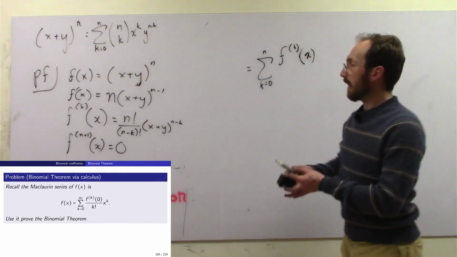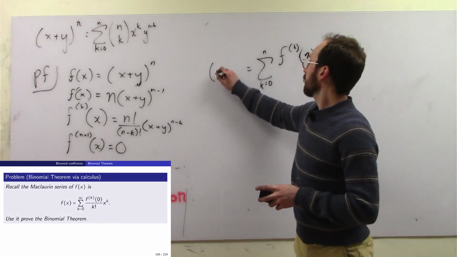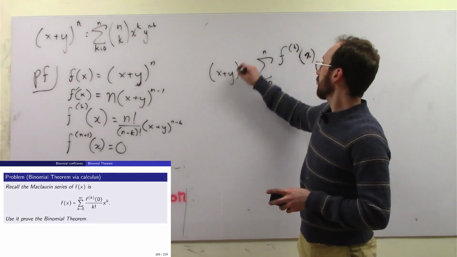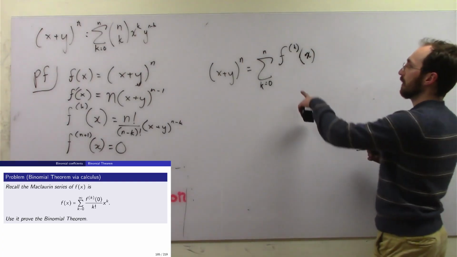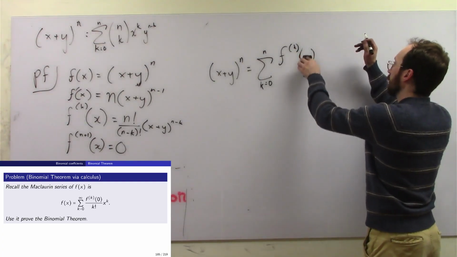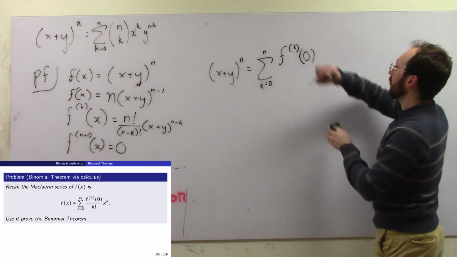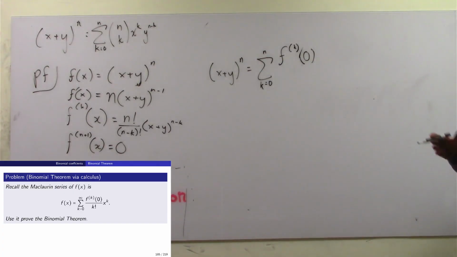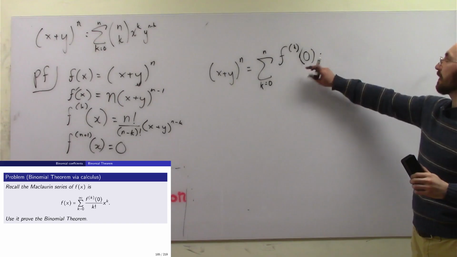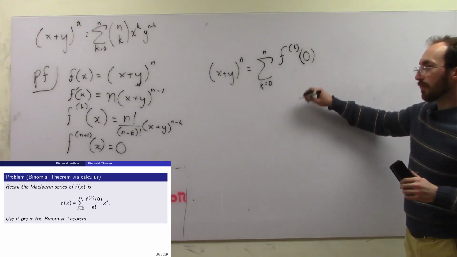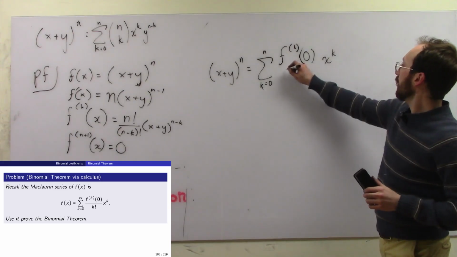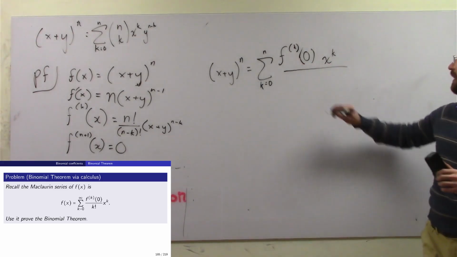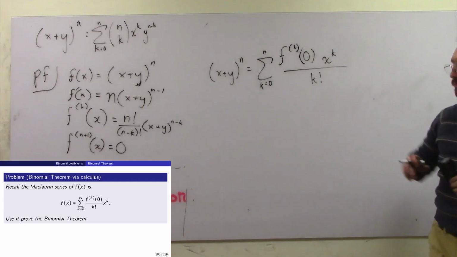Our function f of x was (x plus y) to the n. In particular, we're taking our derivatives when x is 0, and we're going to multiply that by x to the k, divided by k factorial.